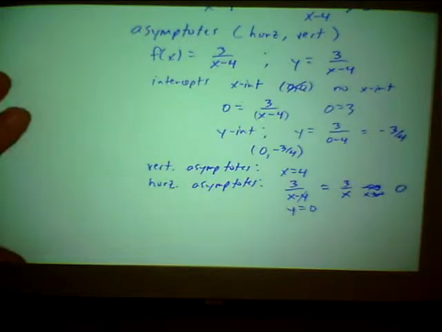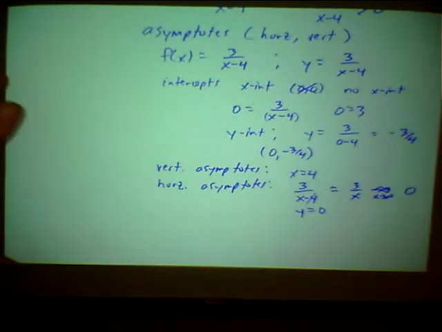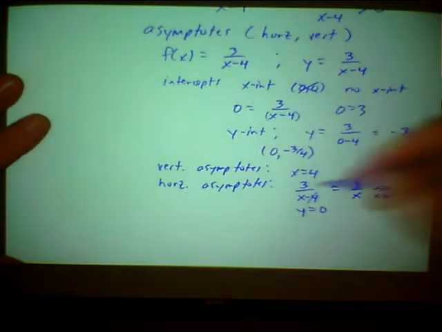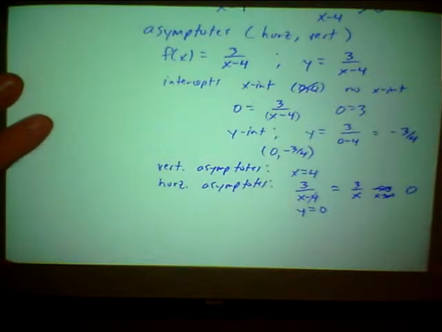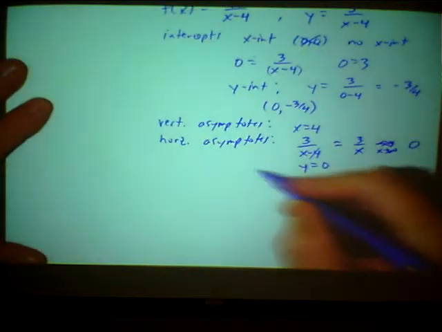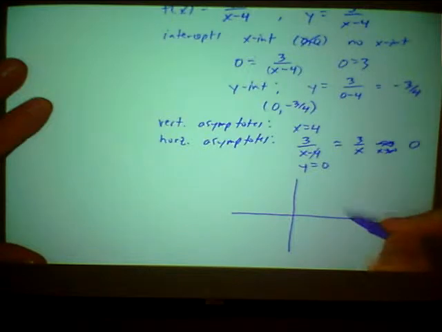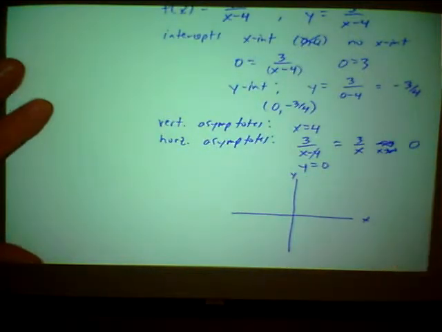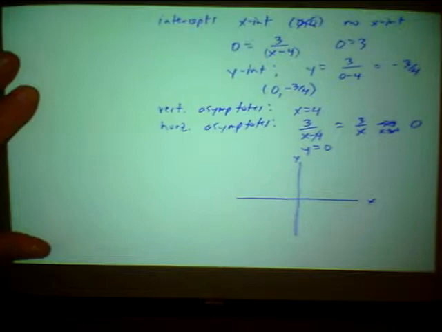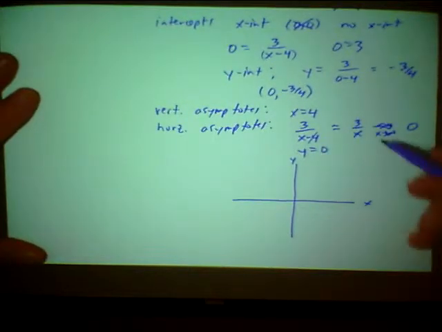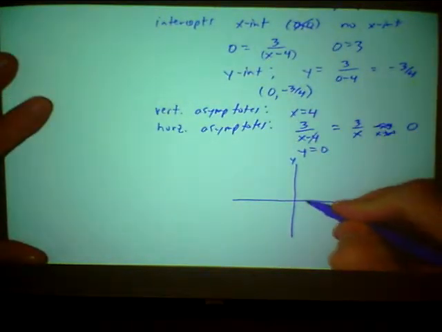And then I want to do a sign chart. Now the sign chart, my boundary points would normally be my zeros of x. Of course, there are no zeros of x. And my vertical asymptotes. So all I have is a vertical asymptote. So if I were to start my graph and then do my sign chart, all I have is a vertical asymptote at 4.